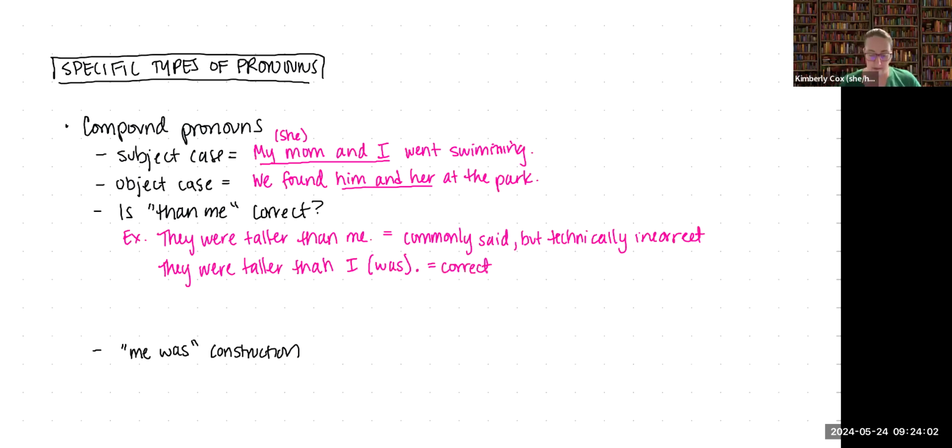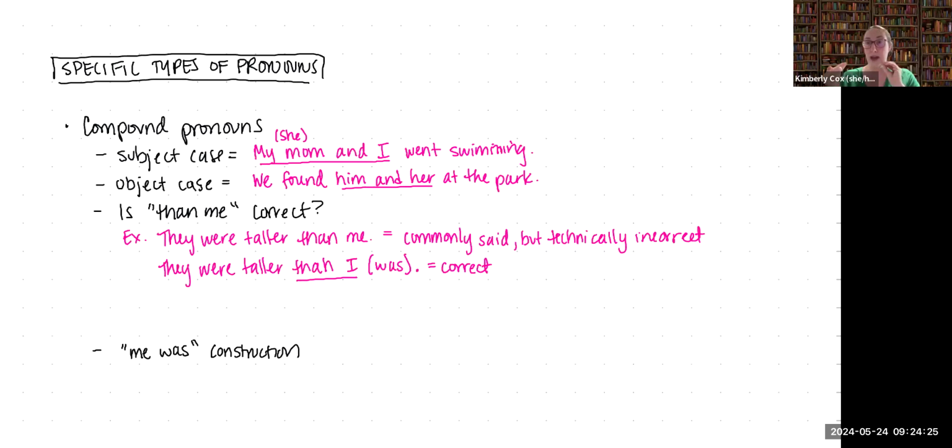That's why if you've ever heard anybody correct you and say "than I," usually we don't use that subject pronoun when we're speaking. We would all say they were taller than me, they were taller than him, they were taller than her. We wouldn't say they were taller than he, they were taller than she. Than creates a comparison.